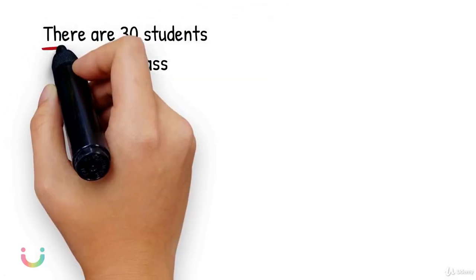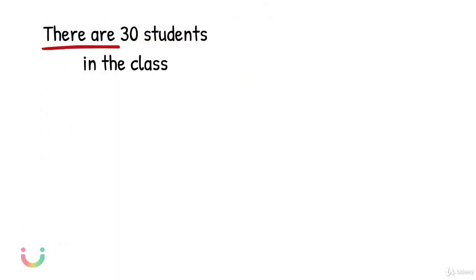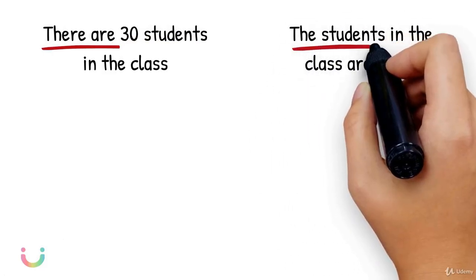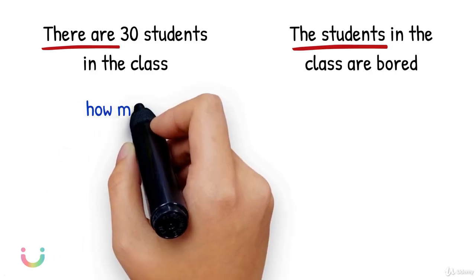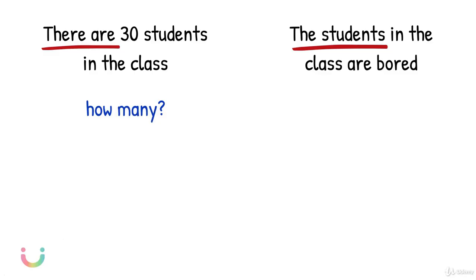There are 30 students in the class. The students in the class are bored. There are 30 students in the class. It's the answer to the question, how many students are there in the class?